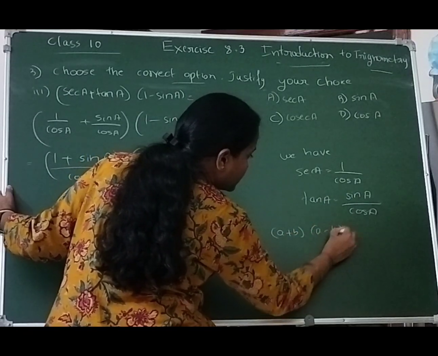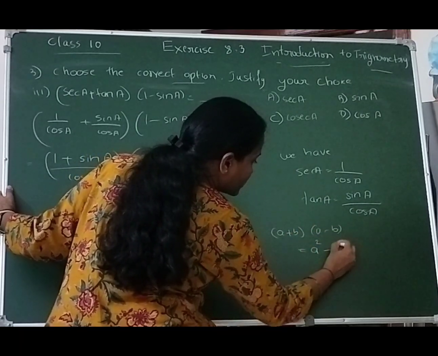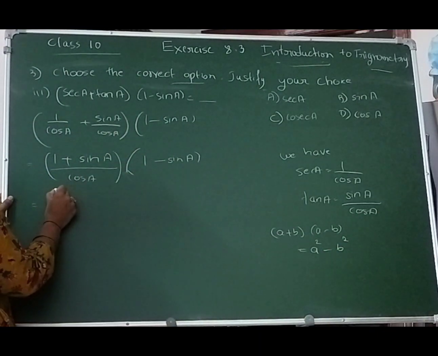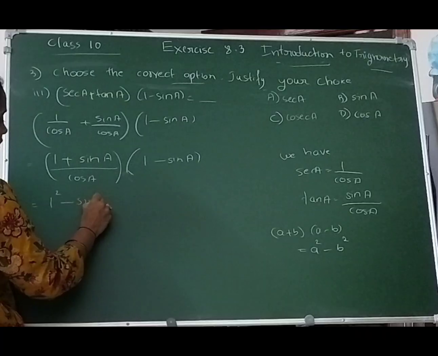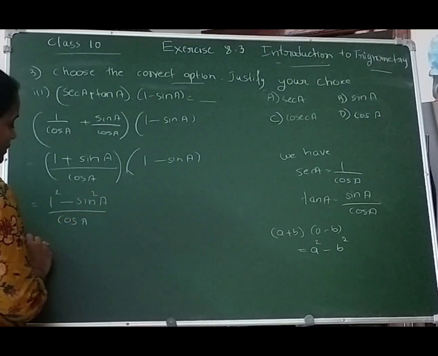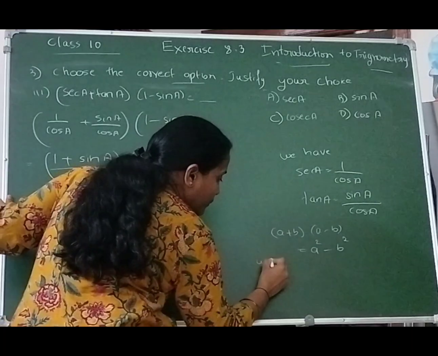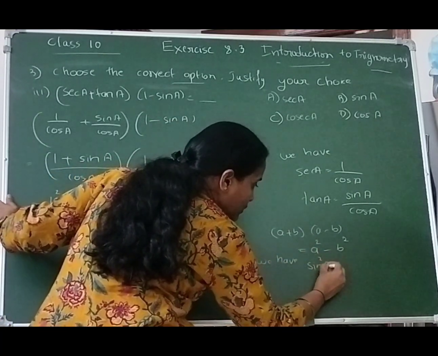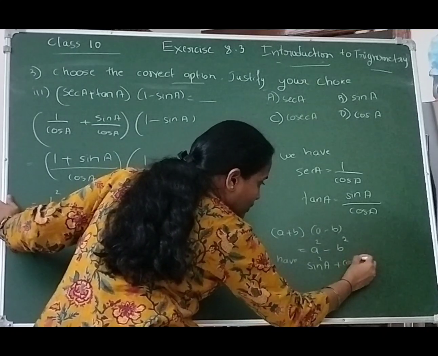So what is that? That is A square minus B square. So we can write this as 1 square minus sin square A whole divided by cos A. We have the identity sin square A plus cos square A is equal to 1.